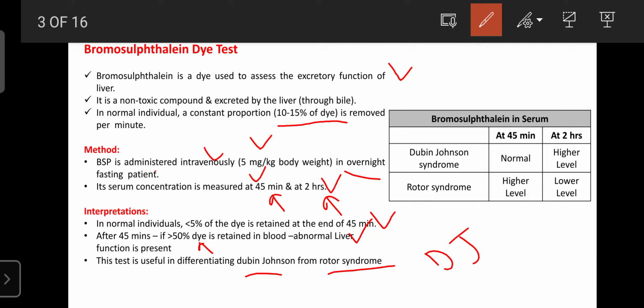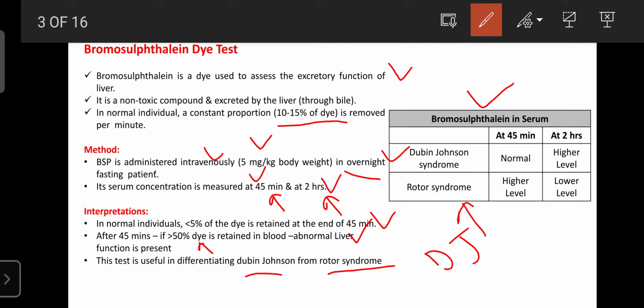Okay, here is the table. With the help of this observation, we can differentiate Dubin-Johnson syndrome and Rotor syndrome. Dubin-Johnson syndrome occurs due to hepatomegaly or hepatotoxicity, but Rotor syndrome is an autosomal disorder due to a genetic disorder. These occur in children.